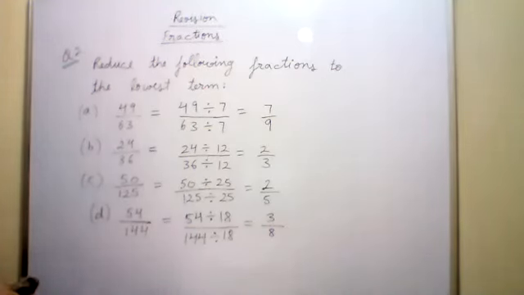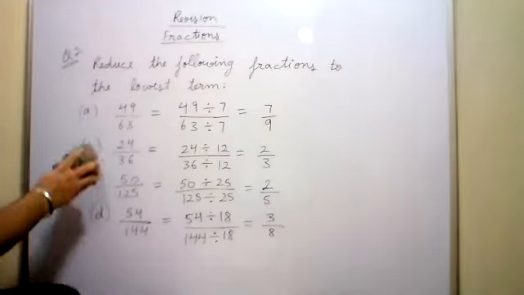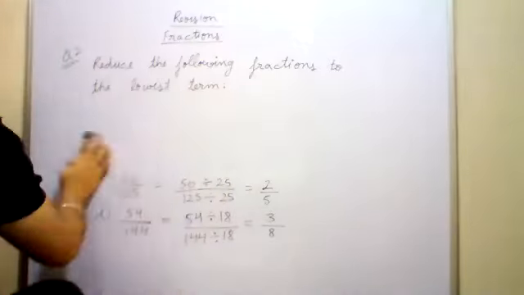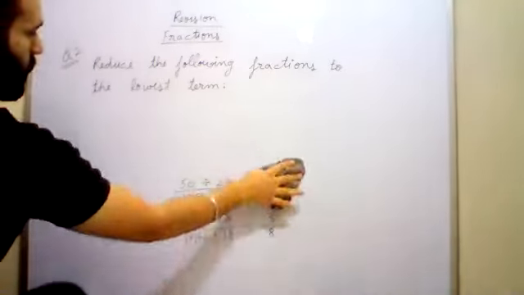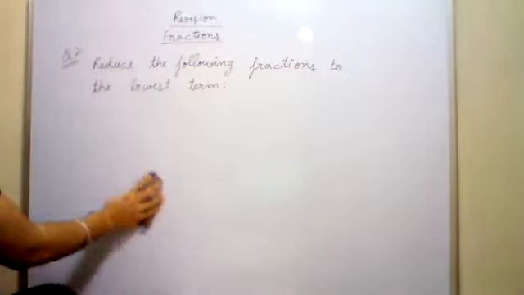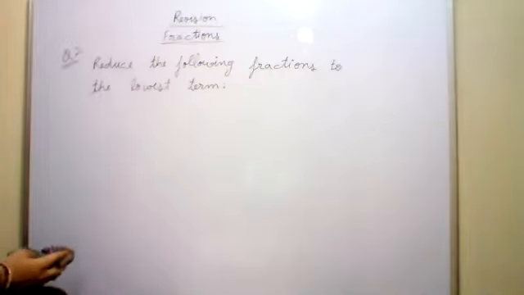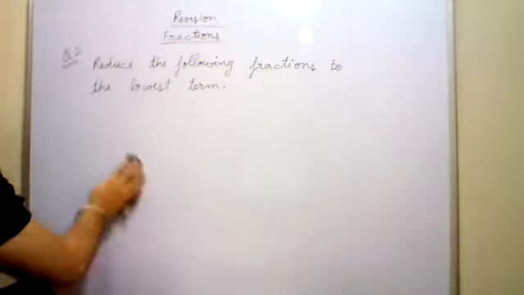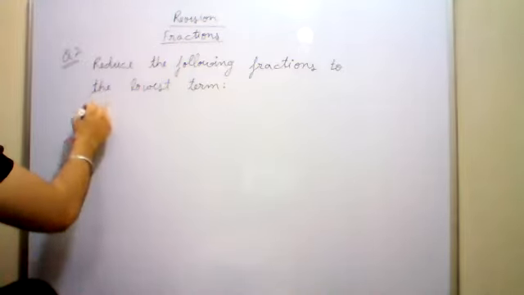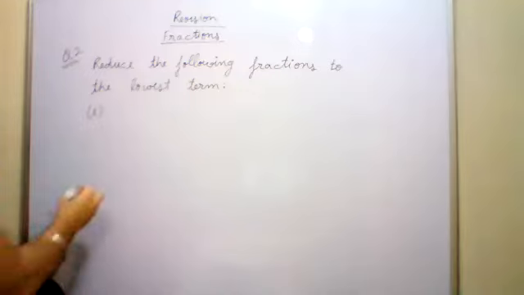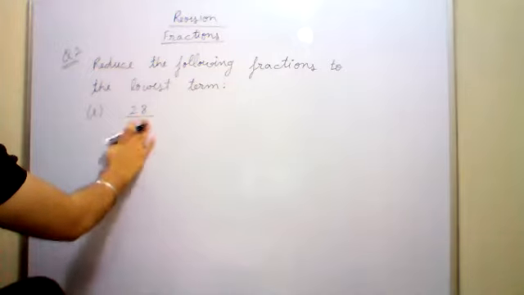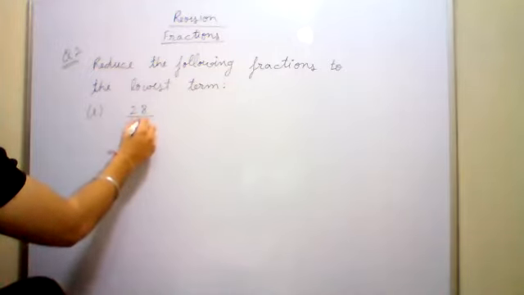Let us do 2 more parts in the same question. Part E and part F. E part: 28 upon 14, sorry, 28 upon 98.